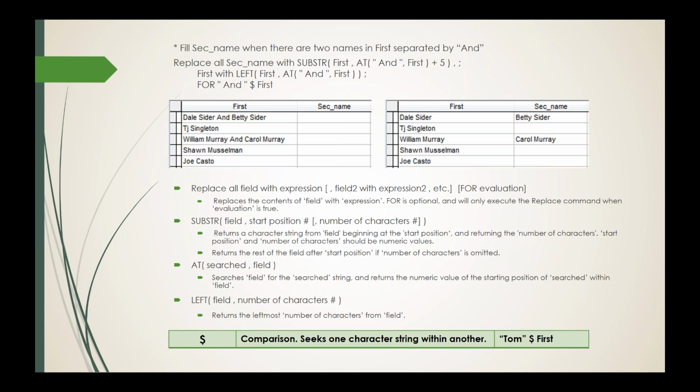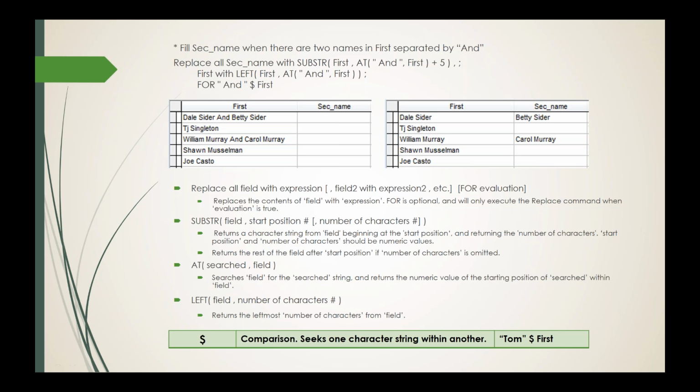Next, in our AT function, we need to provide a field that we're searching in, and we're still searching in the first field. So our AT function is saying, I want to find the position of "and" within my first field. Now, as you can see, right after the AT function there, I also have +5.